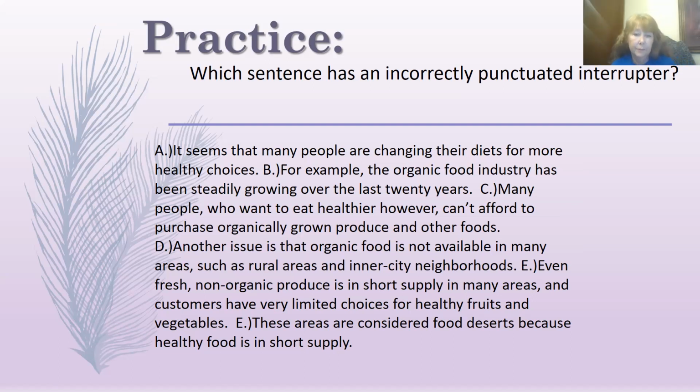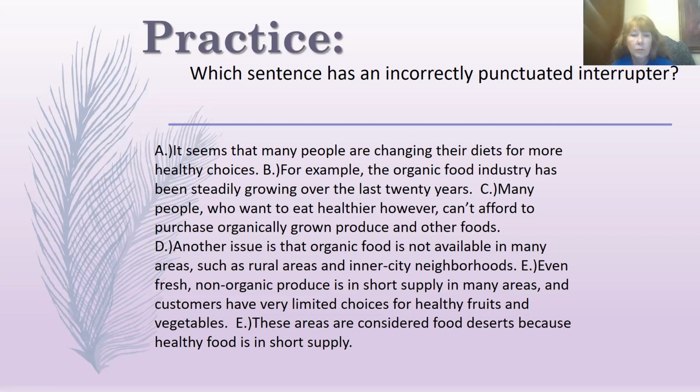In front of however, so we can lift however out. Okay, so let's do those two little commas. Let's lift however out. And maybe that comma, well, wait a minute, maybe that comma after healthier is doing two jobs. Maybe it's also separating who want to eat healthier, because I've got a comma in front of who. If I put that comma between healthier and however, it's going to do a dual function.